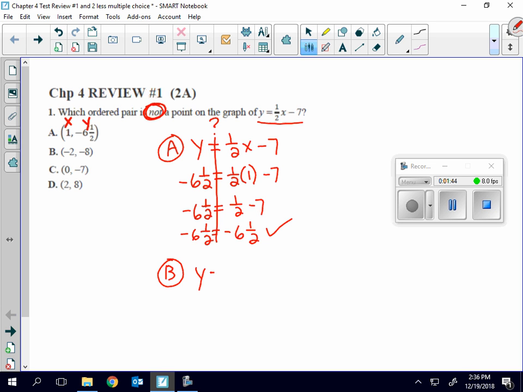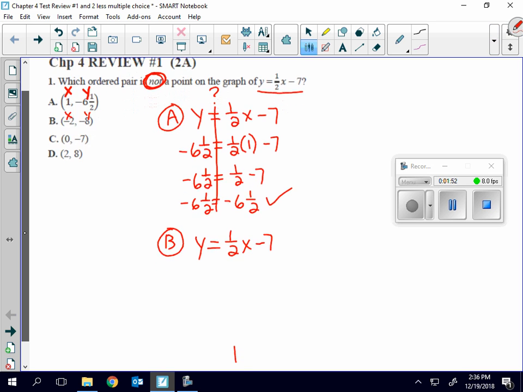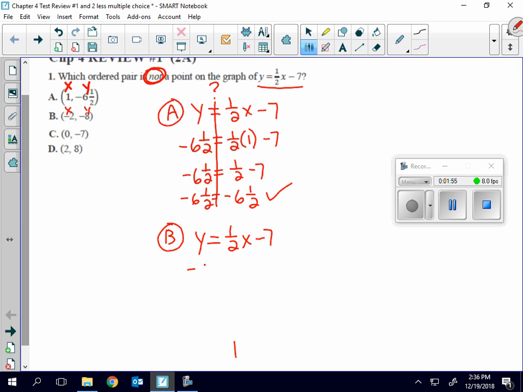Writing down the equation first, so we know what we're plugging into. This time the x is -2 and the y is -8. So we have a -8 equaling 1/2 times our -2 for x minus 7. Is this going to be the same?